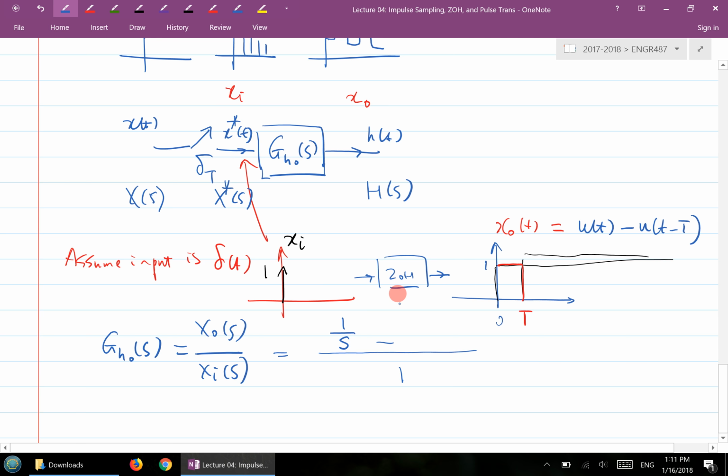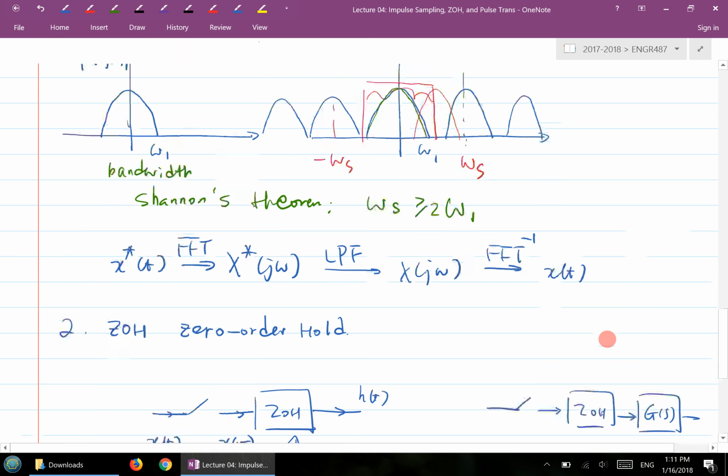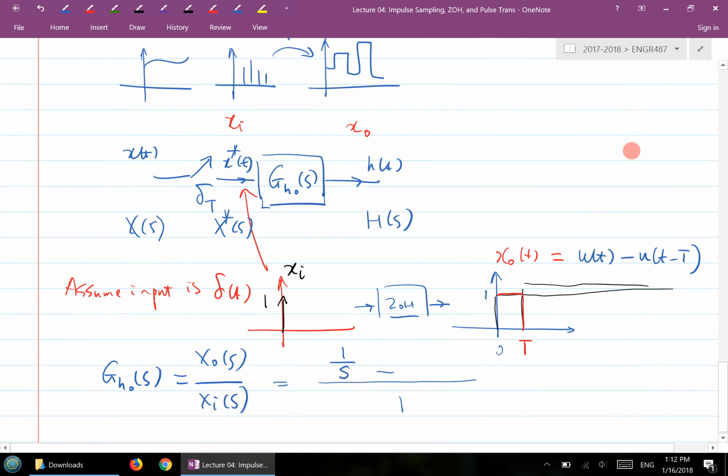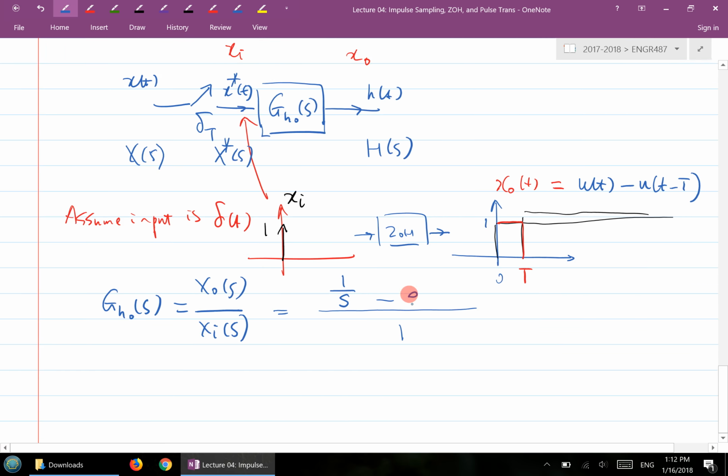We apply the shifting theorem to this. When you apply the shifting theorem, you have e to the power of negative Ts, because it is delayed only by capital T, times 1 over s.